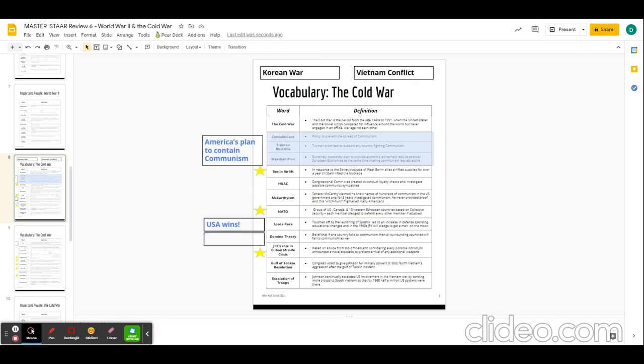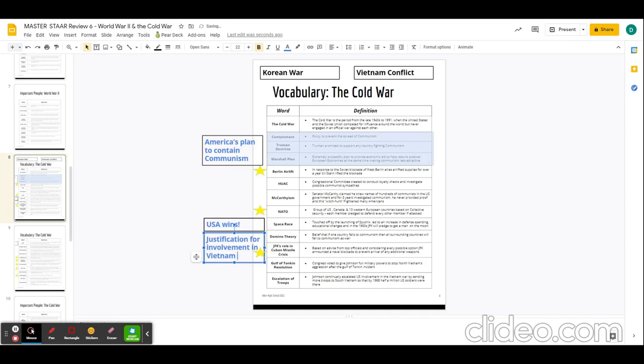Another key term to know is the domino theory. This was the belief that if one country fell to communism, the ones all around it would also fall to communism, much like a string of dominoes lined up. If you push the first one over, then they all fall down. So this is important because this is basically our justification for involvement in Vietnam.